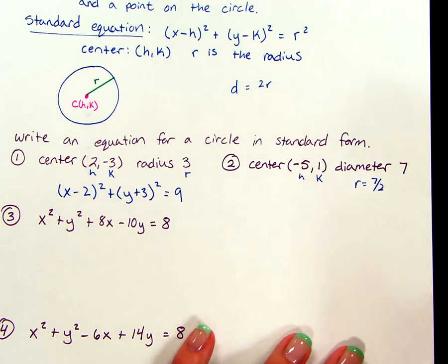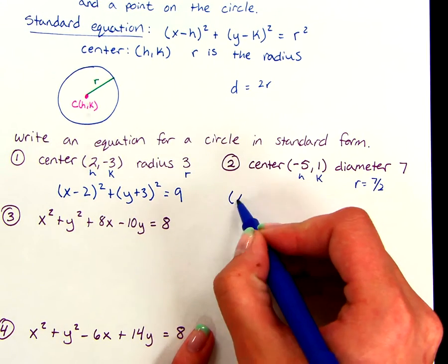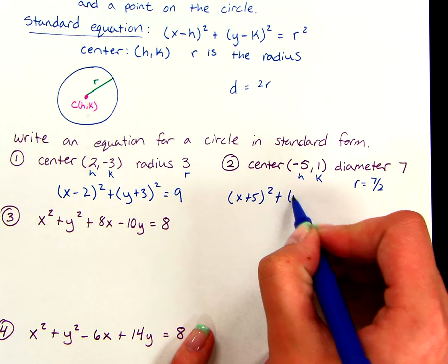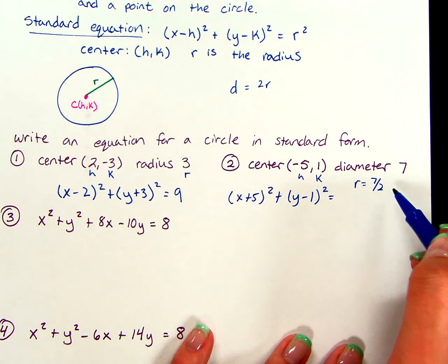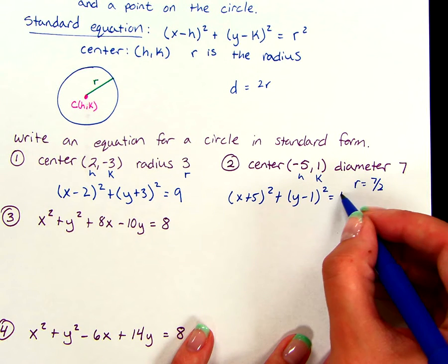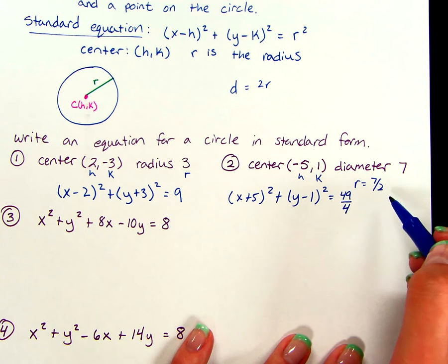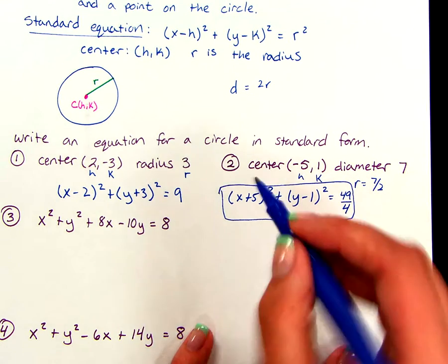Then we substitute this information into the equation. So we would have (x - (-5)), so plus 5, squared, plus (y - 1) squared, equals, and then we're squaring 7/2, which would end up being 49 divided by 4. We just square the top number and then the denominator. So this would be our final answer for the equation.